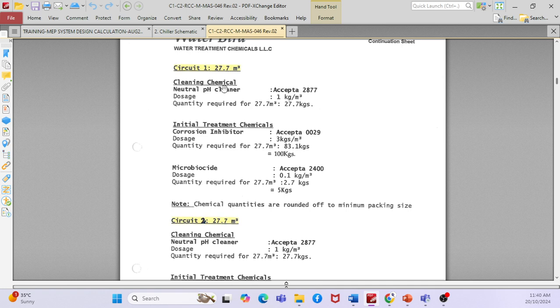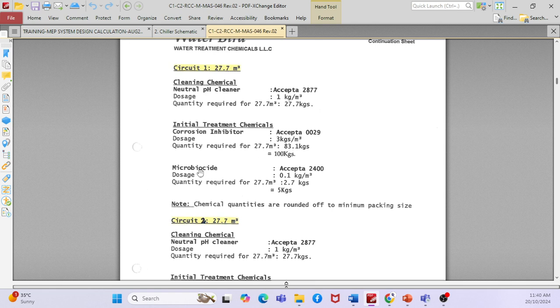For the cleaning chemical, you will add 1 kg per cubic meter to maintain your pH level. And if you want to maintain the corrosion inhibitor, to fight corrosion, you will add 3 kg per cubic meter, so that there will be no iron particles inside.